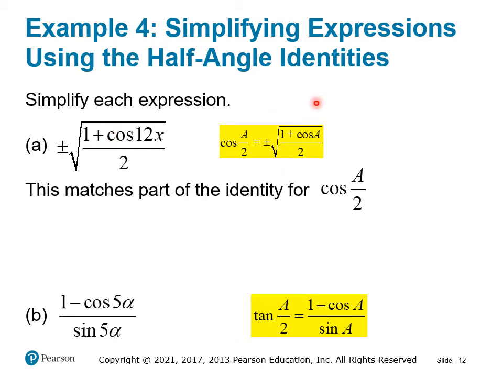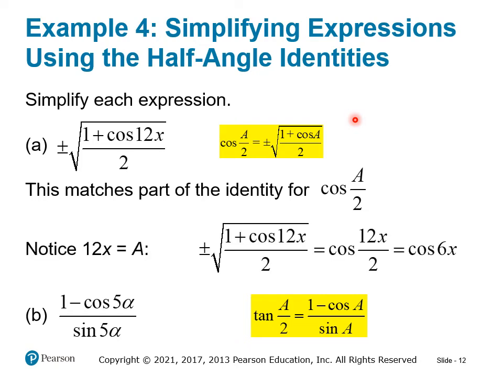I can see here I have the right side of the equation where a would be equal to 12x. So if I want to simplify this expression into just cosine of a over 2, if a equals 12x, then what I have is the cosine of 12x over 2, which is simply the cosine of 6x, and I've solved this problem.